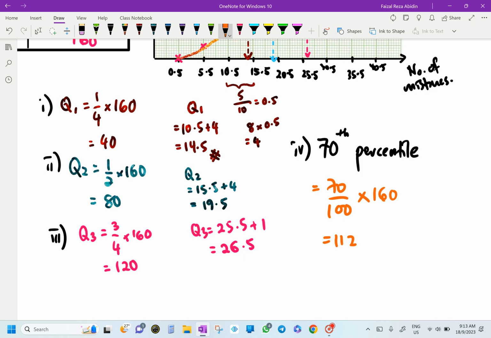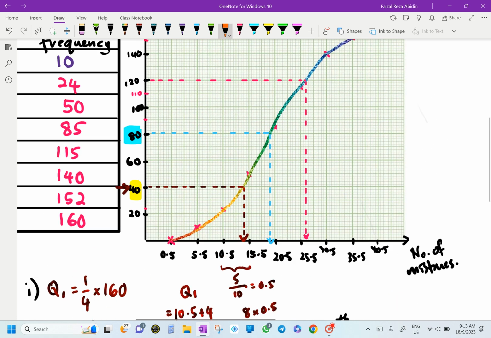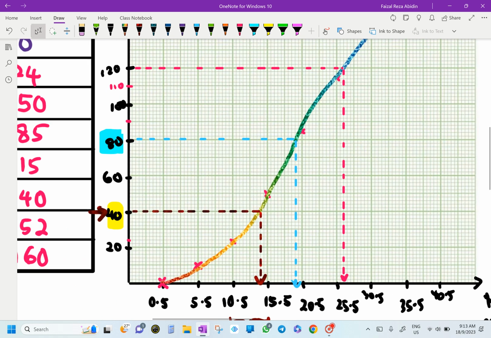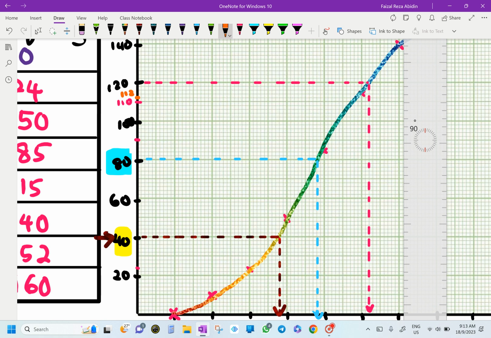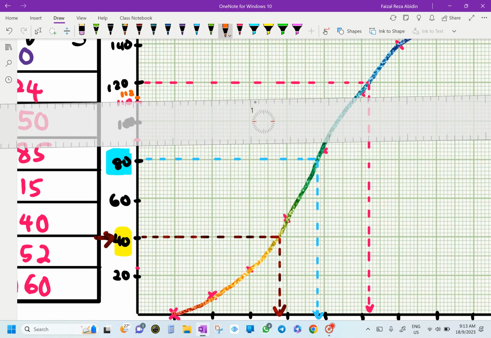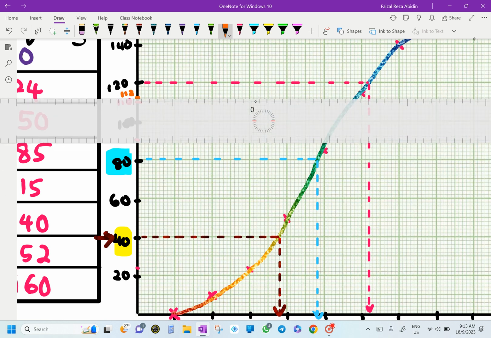We are going to refer to our ogive. So where's your 112? Above 110, sorry, this is going to be 112. Am I right? So we are going to make our dotted lines here. I got 25.5.